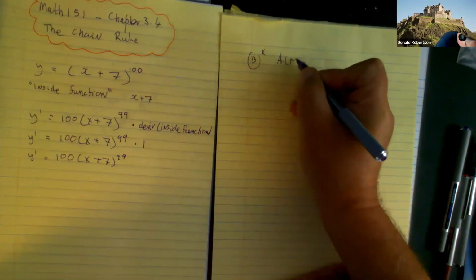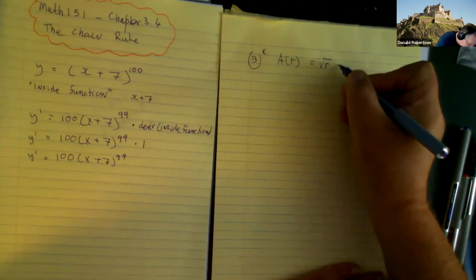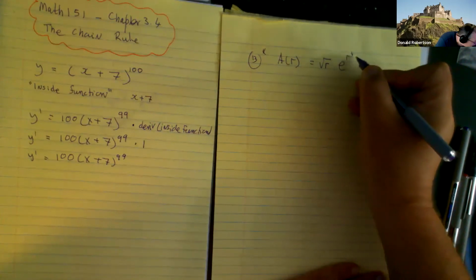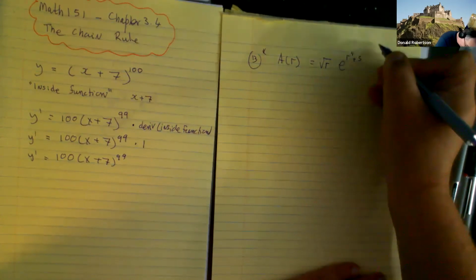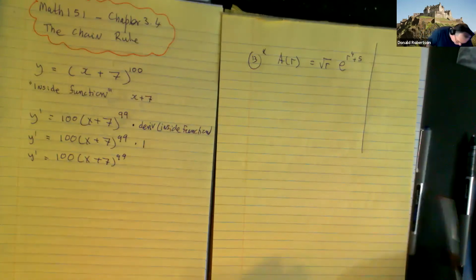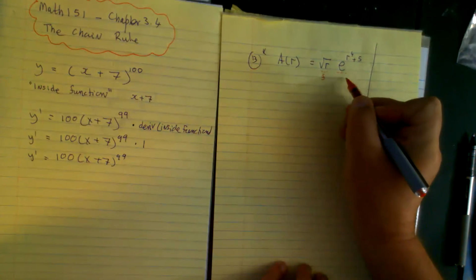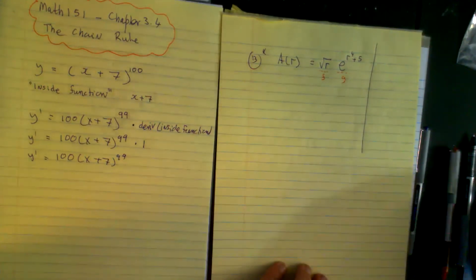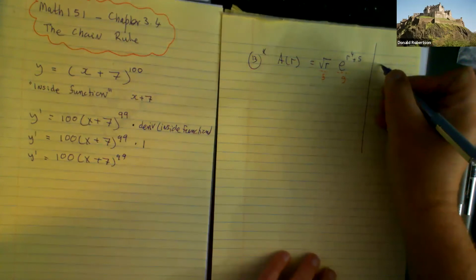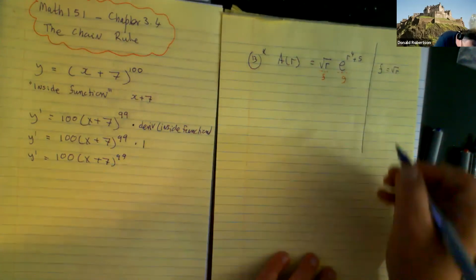This one is the square root of r, times e to the r to the 4 plus 5. Would you agree it's a product rule? The two pieces are this guy is going to be f, and this guy here is going to be g. And I'll do my setup as I typically do. That's going to be f.